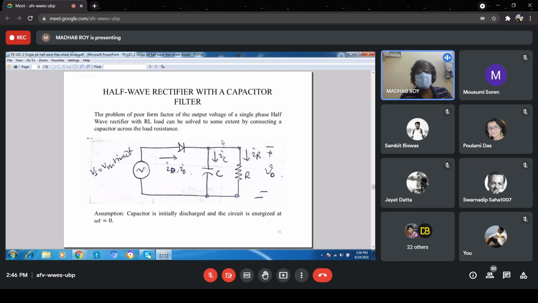So it will stop the rate of change of the voltage. That means the ripple of the voltage will be opposed. Ripple means the variation, the AC content in this. So that variation of the voltage will be opposed across the resistance, that means across the output.